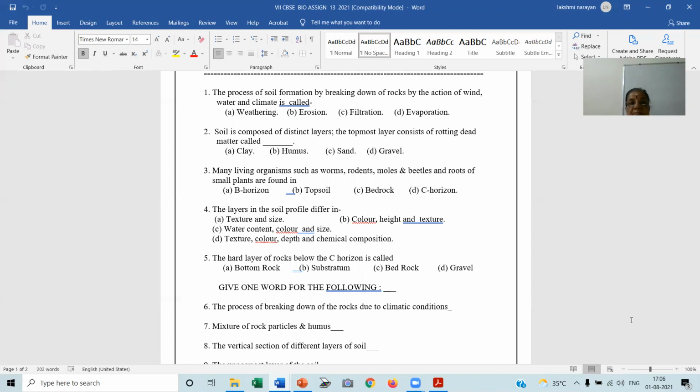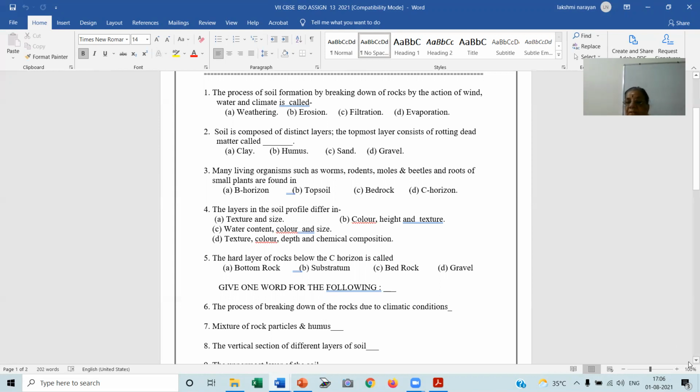What will you say? Think and tell me. Layers in the soil profile differ in one of the options. Think and tell. The hard layer of rocks below the C horizon is called bedrock. I repeat, the hard layer of rocks below the C horizon is called bedrock.